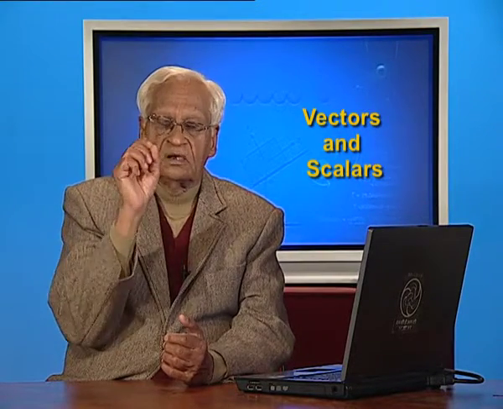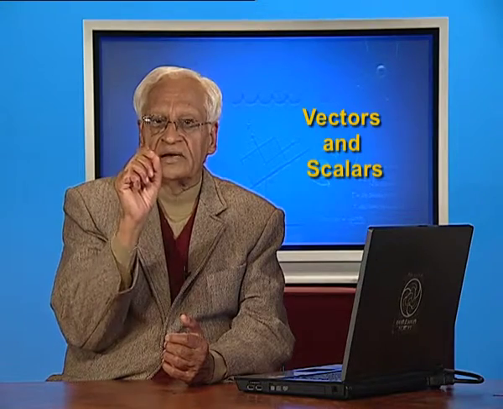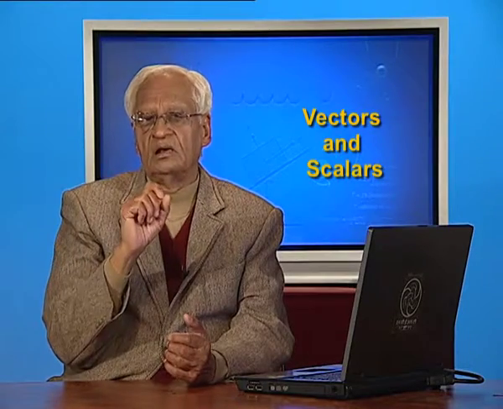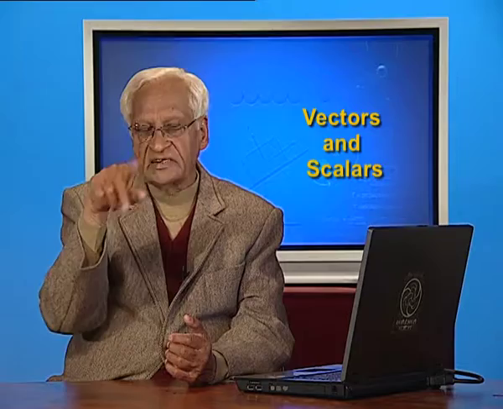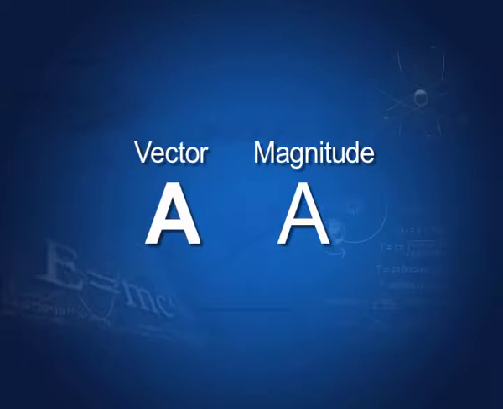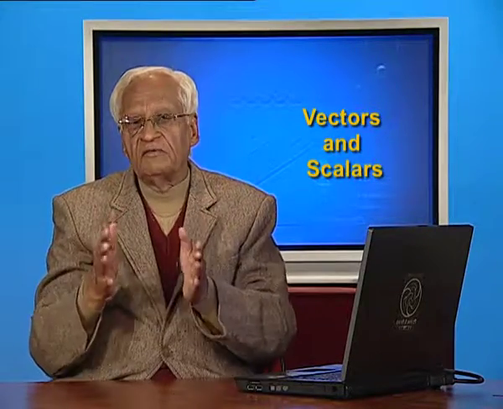In those books, vectors are represented by bold letters and scalars by normal letters. For example, if I have to show that A is a vector, then A would be bold, and the magnitude of A would be in normal font, and the vector itself would be A in bold font. So, this is how we represent vectors.